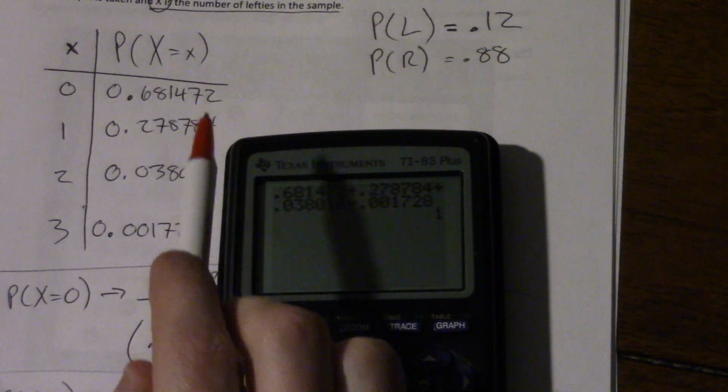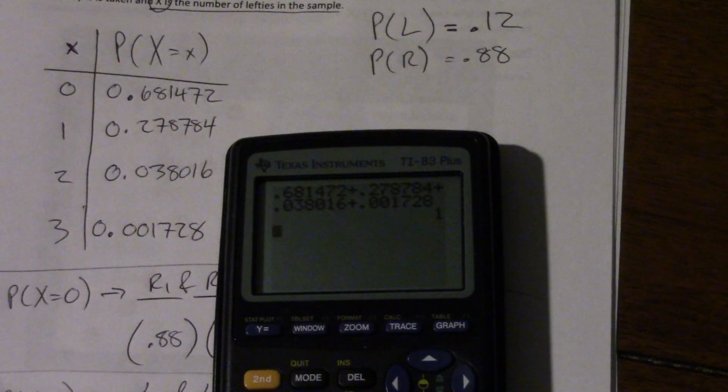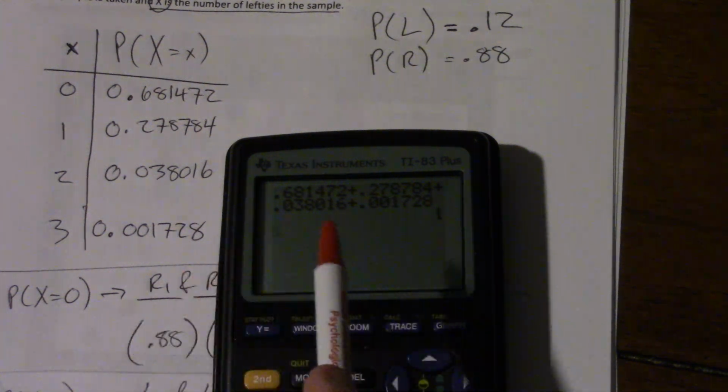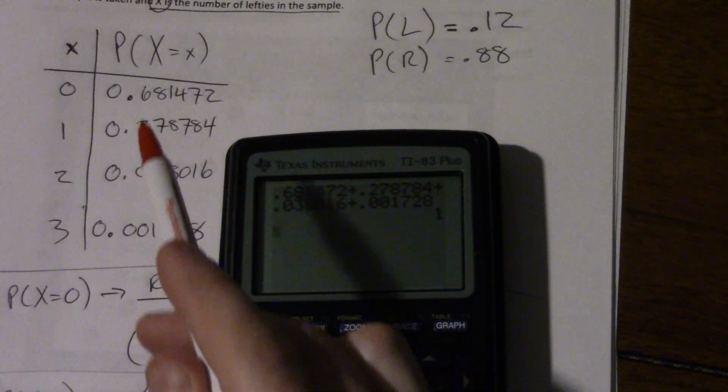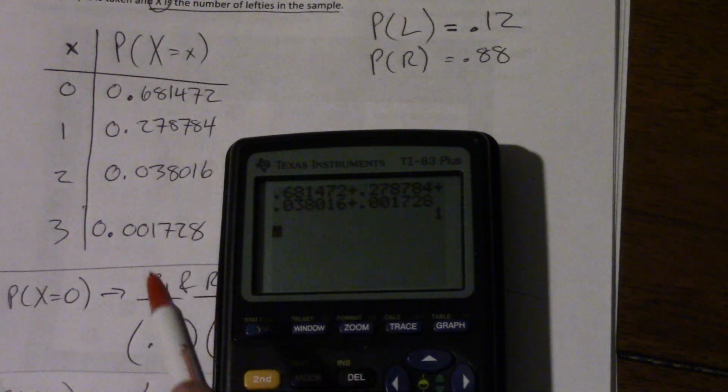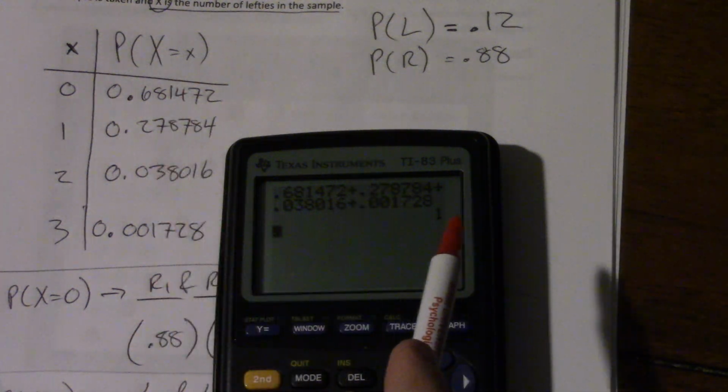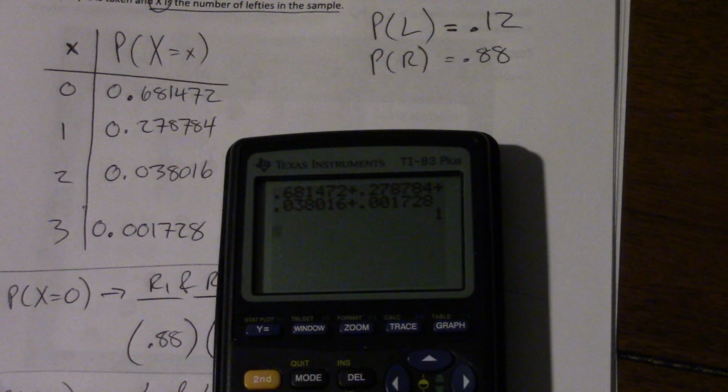So this is strong evidence that we've done everything correctly. We didn't rely on the complement rule to find any of these, so these are probably correct. It matches our expectations with the trend that we're seeing, and they all add up to 1. So we're done.